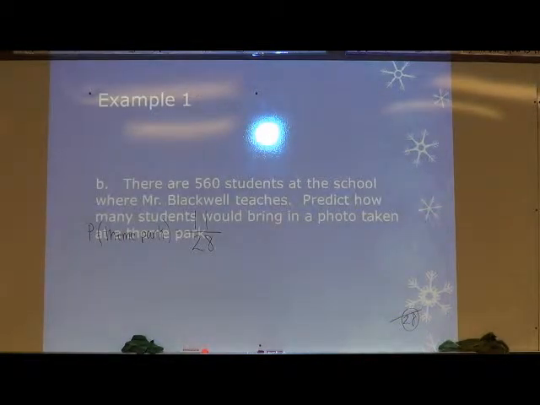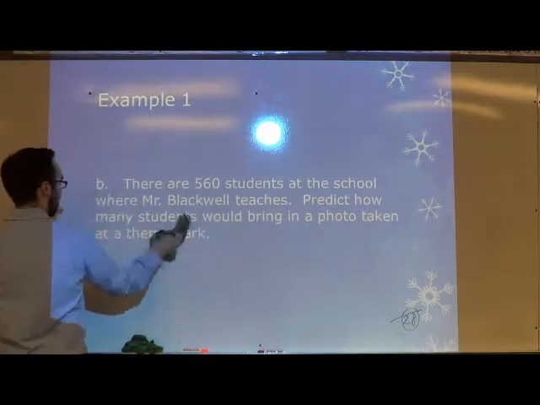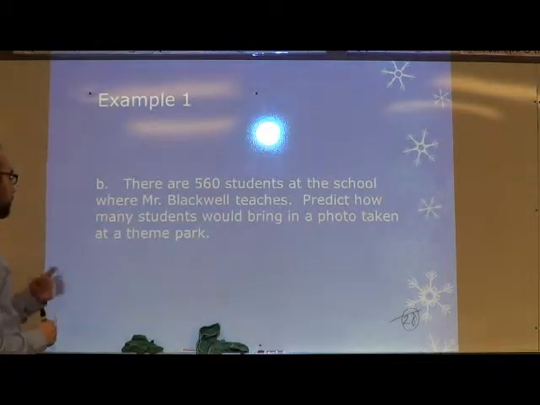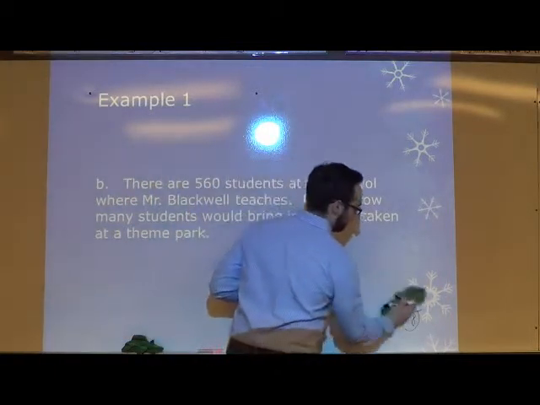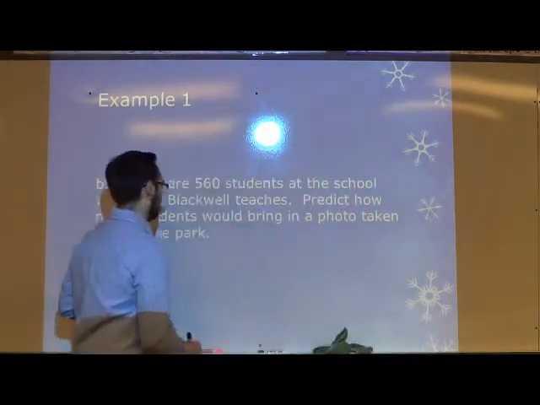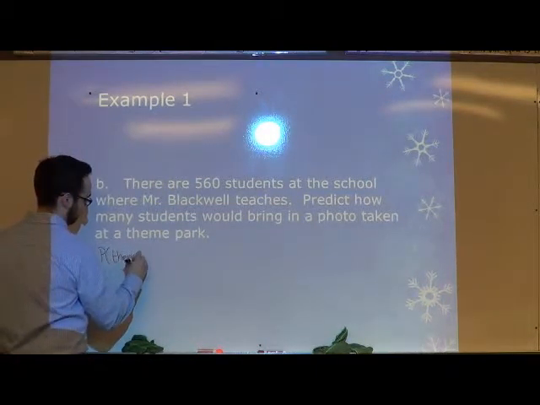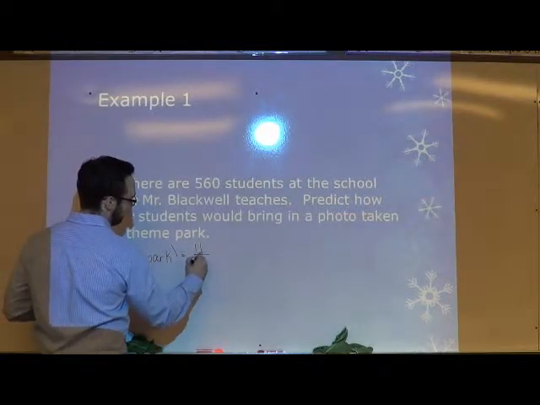Now the second piece of this asks us, there are 560 students at the school where Mr. Blackwell teaches. Predict how many students would bring in a photo taken at a theme park. So we're taking what we just discovered. The probability of a theme park photo is 11 out of 28.